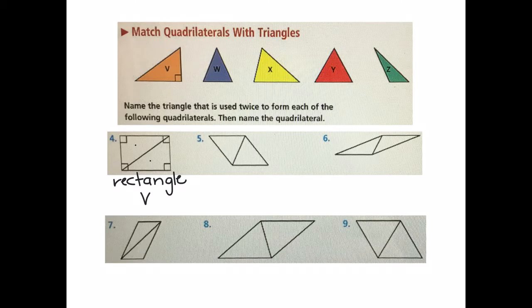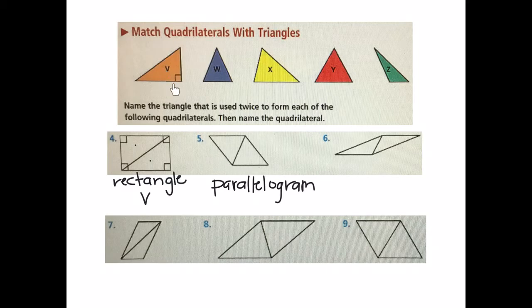On this next one, I see that they have used what looks like acute triangles to create this quadrilateral. And this is a parallelogram specifically. Remember, quadrilateral is just a generic name meaning four-sided shape. For this parallelogram, I see they use two acute triangles.